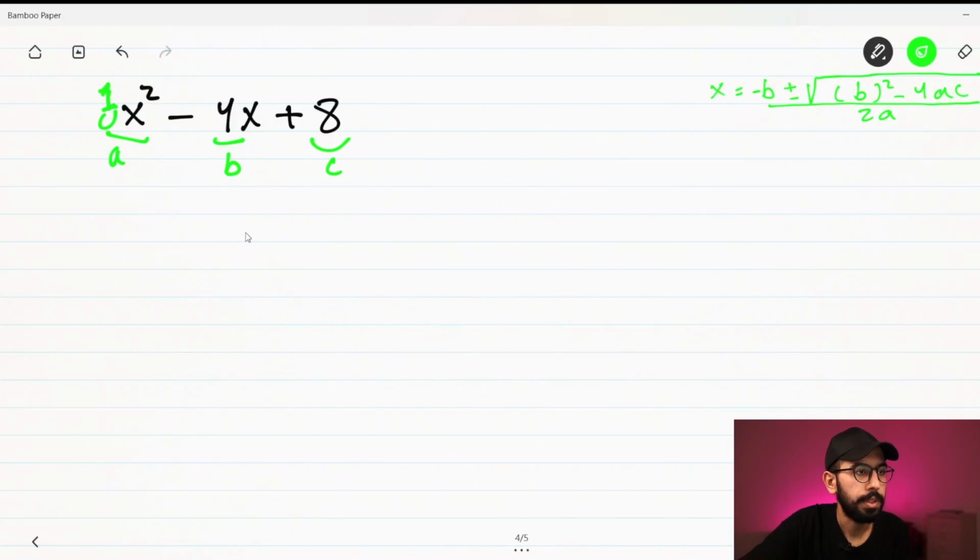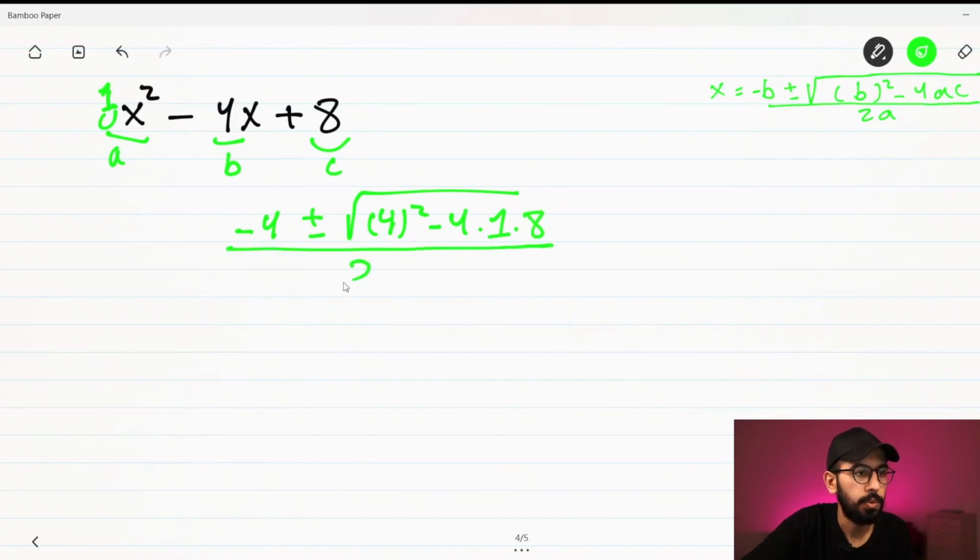The result will be minus 4, positive or negative, the square root of 4 squared minus 4 multiplied by 1 by 8, and this is over 2 multiplied by 1. We just put the numbers in this equation.